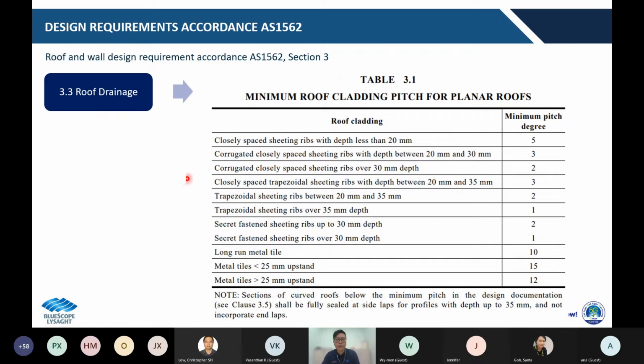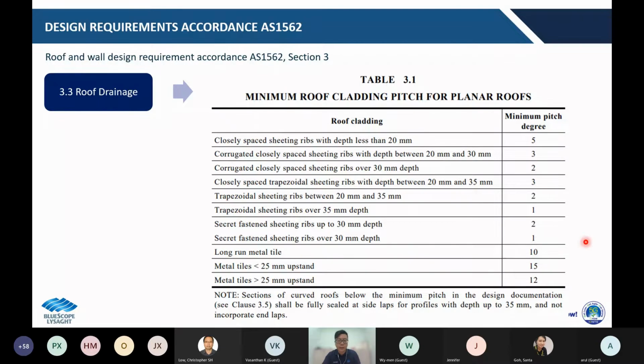You can refer to section 3.3, roof drainage, table 3.1. This indicates the minimum slope of roof required for different kinds of roof cladding. This value is calculated according to the formula stated in Appendix D of AS 1562. The formula can be used to determine the rainwater drainage capacity based on a certain profile and slope of roof.